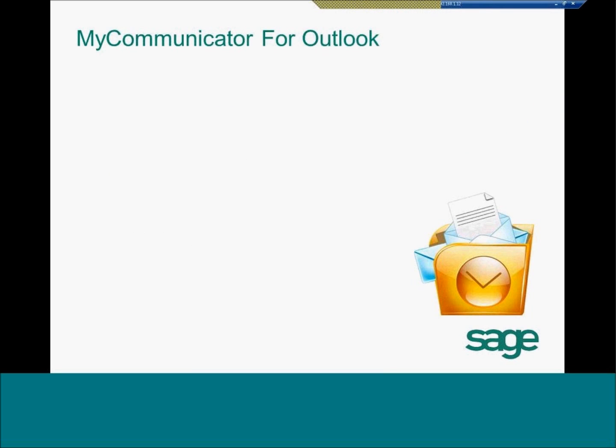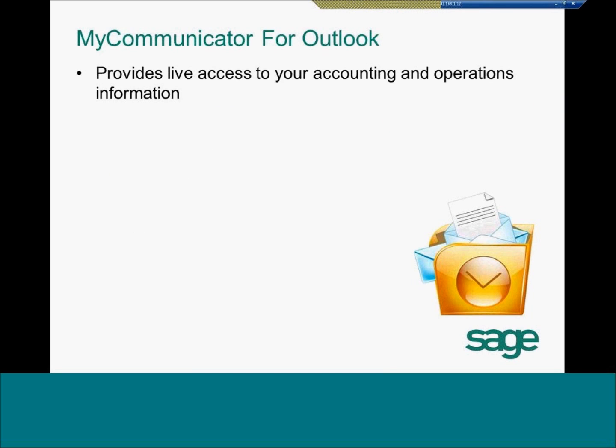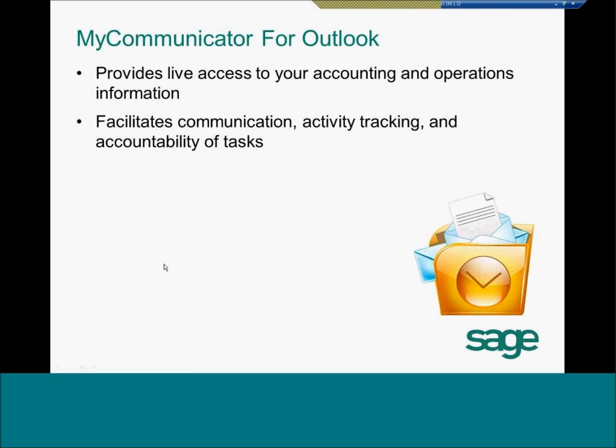So in comes MyCommunicator. What MyCommunicator does is provide live access. You're going to see here, when I open up my email message, I have live access to my accounting and operations information. This is your data in Sage 300. It's going to help you facilitate communications. You can take this information and use it in your communications.